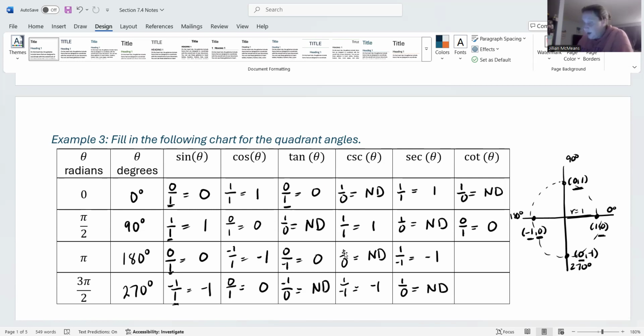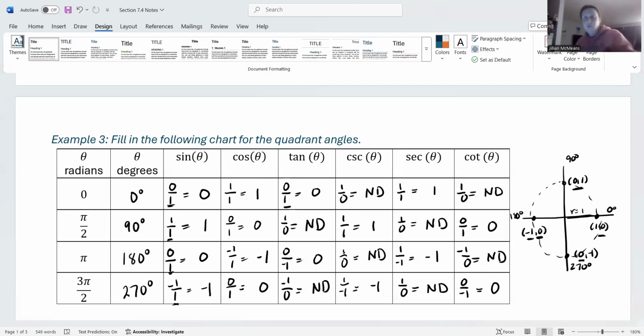Let's see, for 180 degrees, tangent is 0 over negative 1. The reciprocal of that is negative 1 over 0, so cotangent is not defined at 180 degrees. And then finally, cotangent of 270 degrees: tangent of 270 degrees is negative 1 over 0. The reciprocal of that is 0 over negative 1, so cotangent is 0 at 270 degrees.